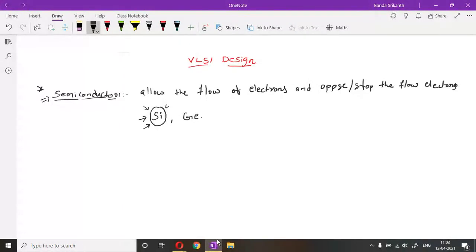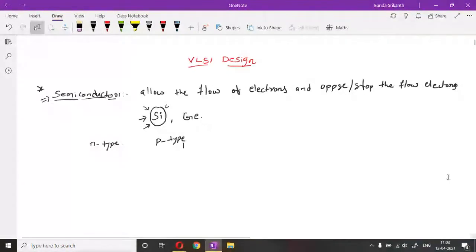Okay. And we have different types of semiconductor materials. What are those? Those are N type material and P type material. So can you tell me, anybody, what is N type material, what is P type material?